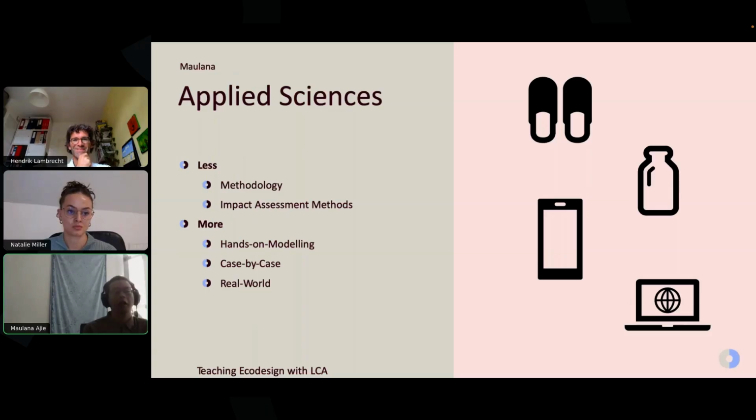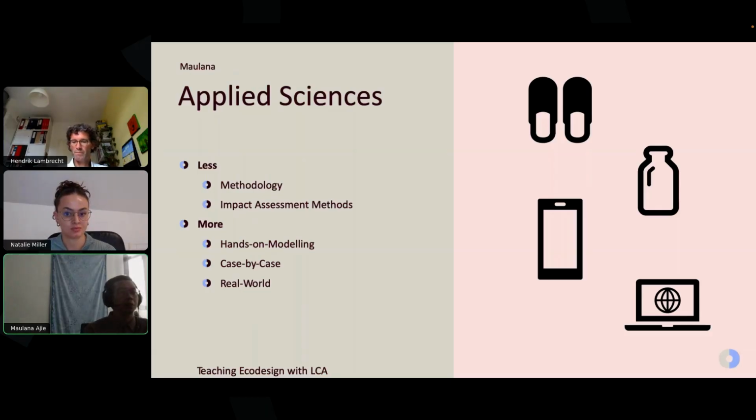And that means we go less into LCA methodology. For instance, we don't focus on developing new methods to quantify microplastic, for example, at least where I am, but more in this hands-on modeling, looking at case-by-case examples, real-world examples.